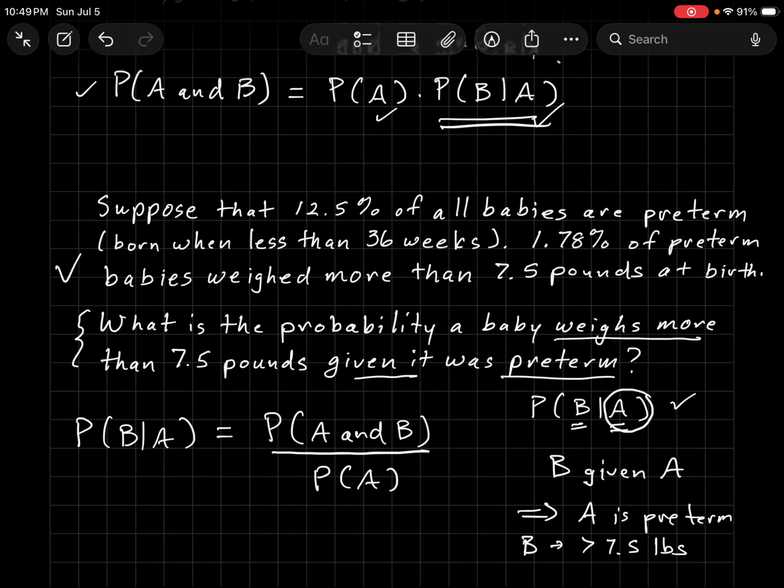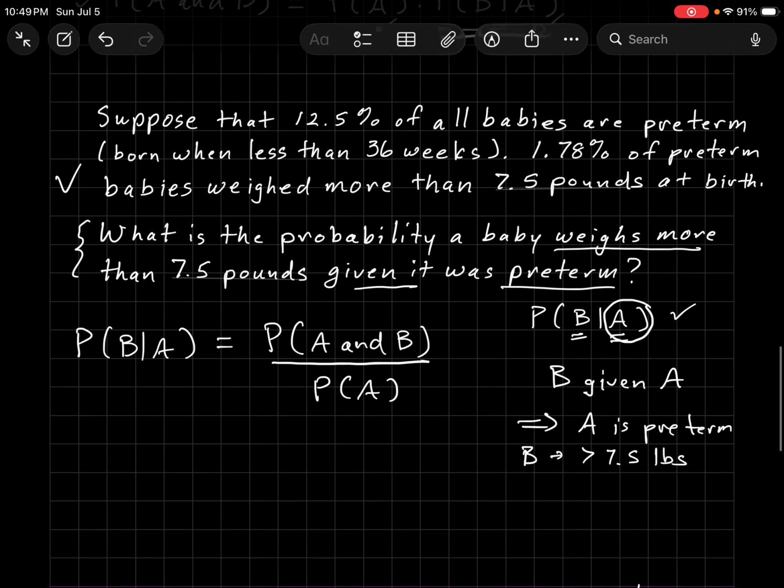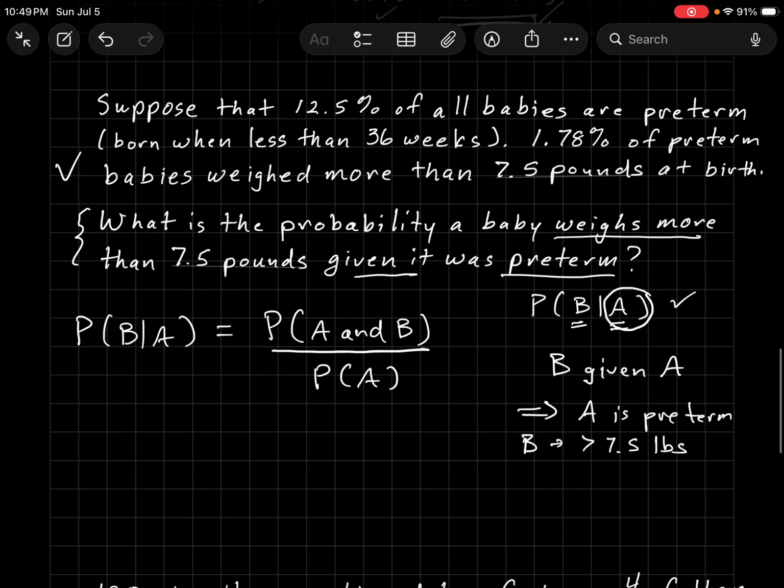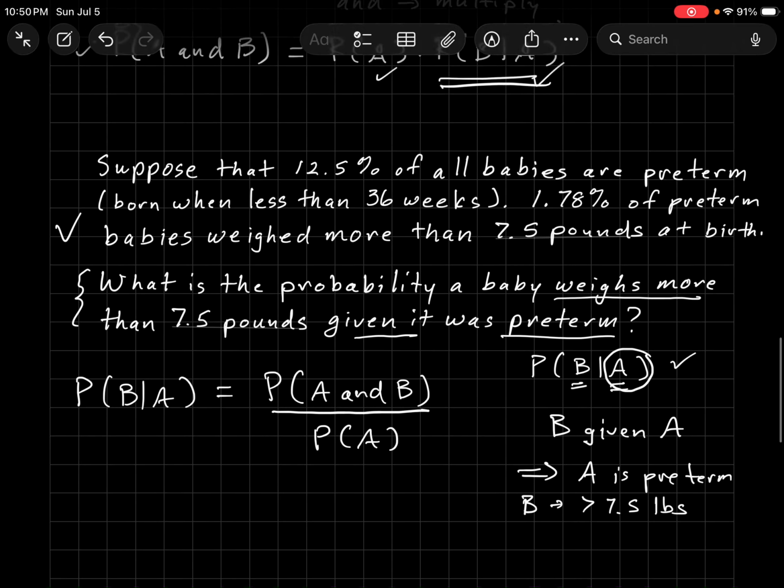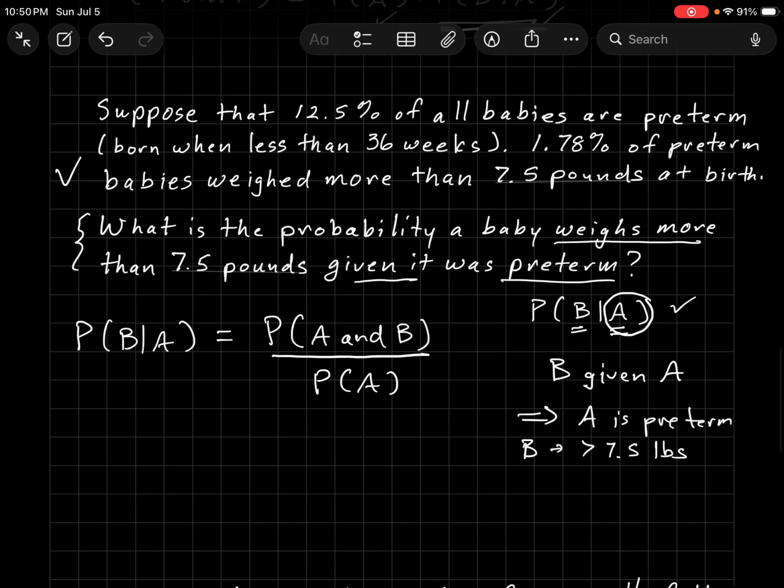So now all I have to do is plug in the values that I have and where I think they belong. So I know that A is preterm. What is the probability of being preterm? Well, I tell you up here, right? 12.5%.